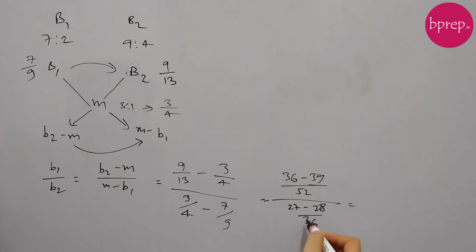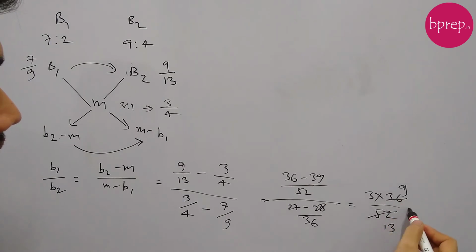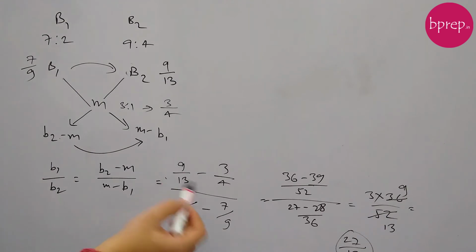So we'll have 3 into 36 by 52, so 4 and 9. From here we get 27 by 13. So 27 by 13 is the correct answer. By considering water everywhere, again you can get the same answer. So this was using the formula of alligation.